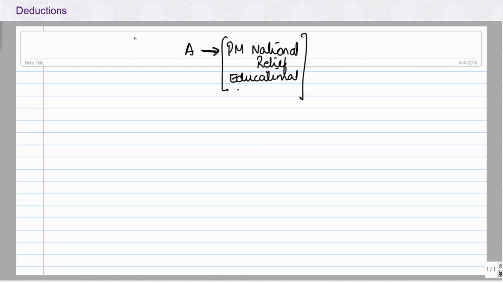But what is important to note is that there is a National Children's Fund. Now this is an amendment made last year, and you will remember these 3. As we said, let's do this smartly. If the examiner is going to ask a question, he's going to ask a question based on the changes recently. So if 80G is asked, we need to remember National Children's Fund is covered now. Then there is the Swachh Bharat push.